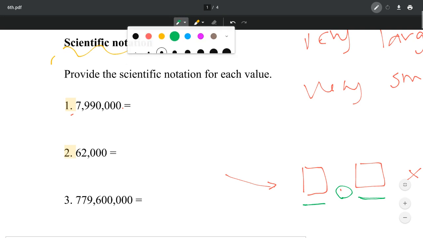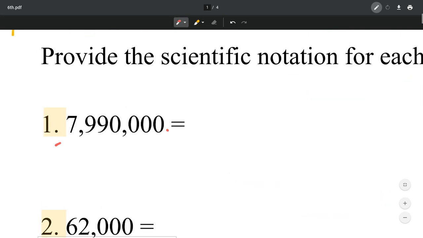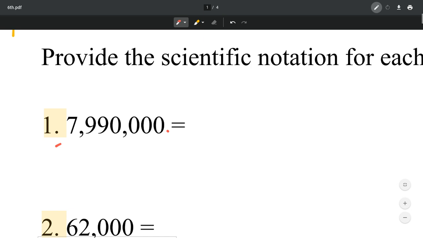So we're going to move it to the left: 1, 2, 3, 4, 5, 6. We moved it 6 times to the left, and then we put our decimal point there, in between the first digit and the second digit.